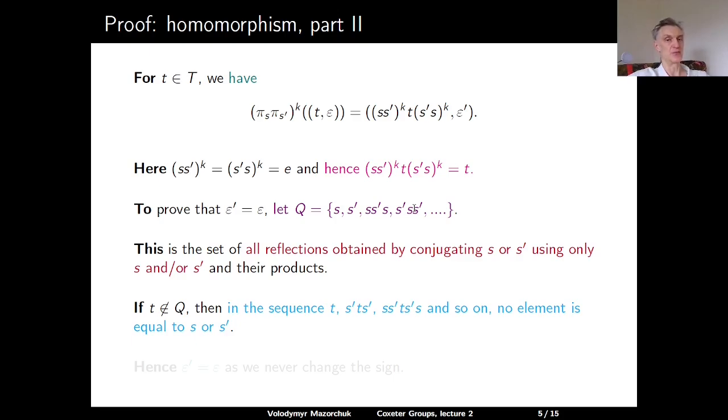So no element belongs to Q. But this means that by our definition of how the sign changes, there is no sign change in our application of pi s or pi s prime, because we never have that s or s prime is equal to the reflection to which we apply the element. And so this means that epsilon prime is equal to epsilon, and this case is done.